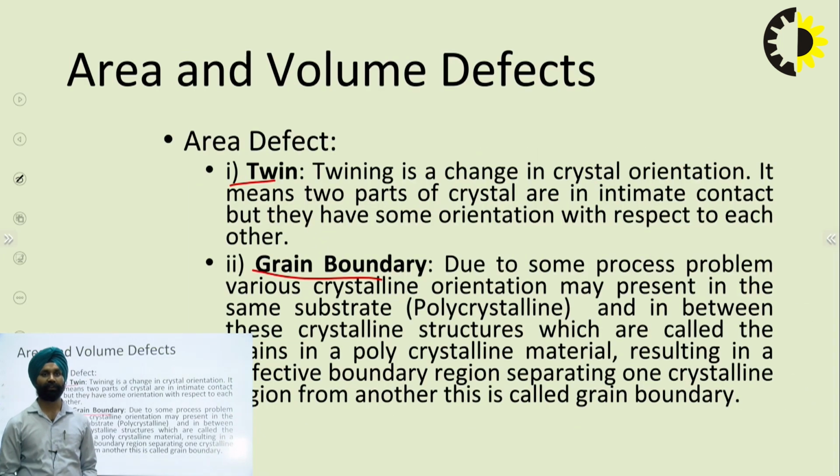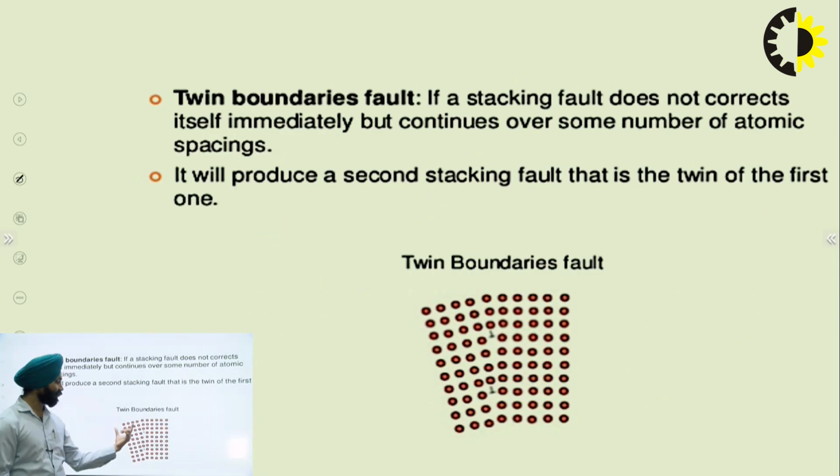So if we see diagrammatically, these are the two crystals. This has one orientation, this is a second orientation. They are sticking to each other. So this is called the twinning boundary effect.